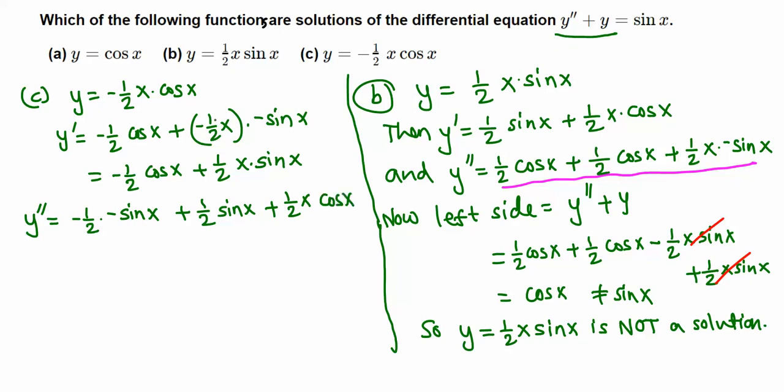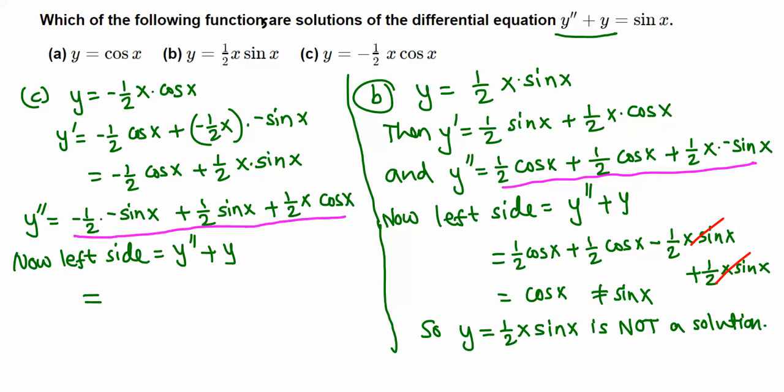Now we are ready to plug these into the left hand side of the ODE. ODE means ordinary differential equation. Now the left hand side is y double prime plus y, which is equal to y double prime we just found here. This is negative 1/2 times negative sine x, negative negative positive 1/2 sine x.